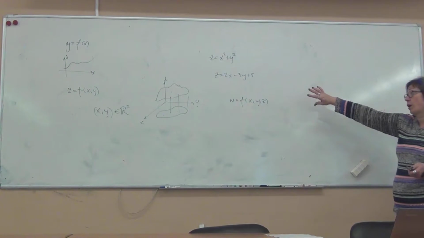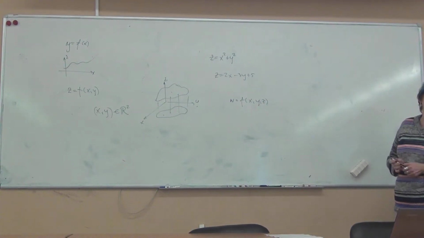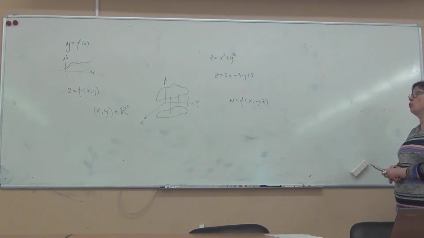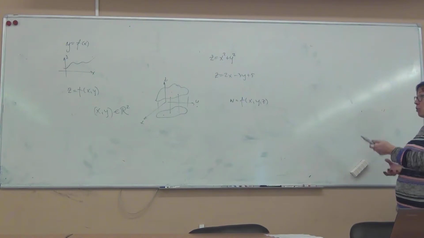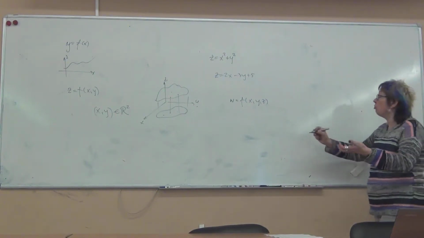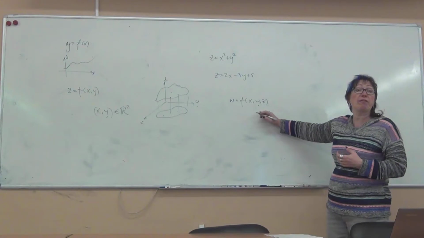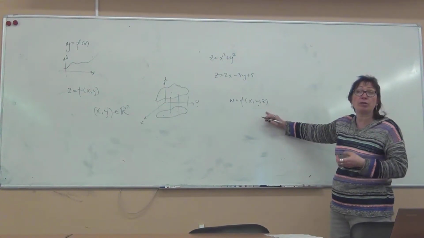So, in general, we will discuss functions in two variables. Functions depending on two variables, and the third variable is the value that depends on the first two. But generally, we might have as many independent variables as we like.